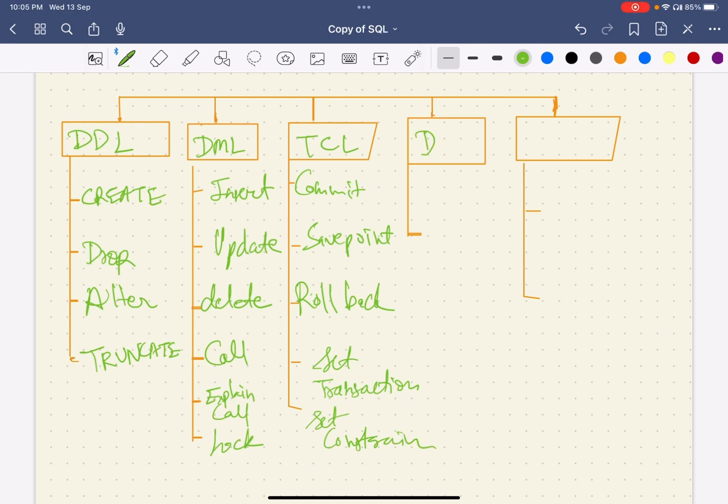Then we have DQL, data query language, where we have the select command. Then we have DCL, data control language, where we have grant and revoke.